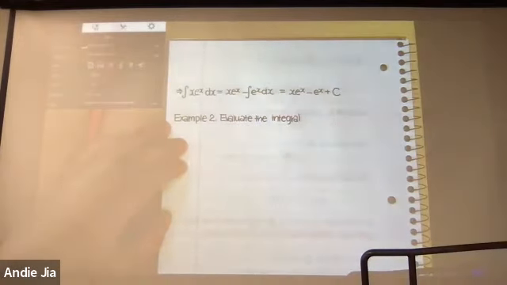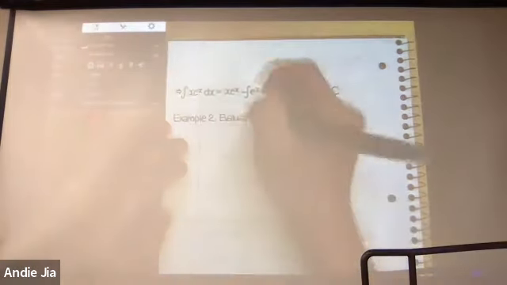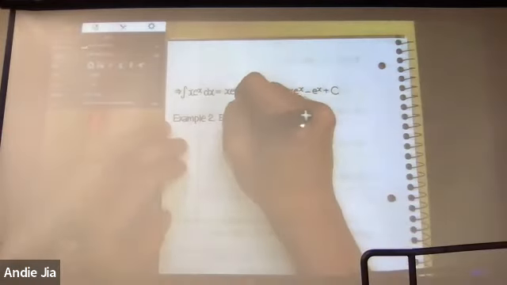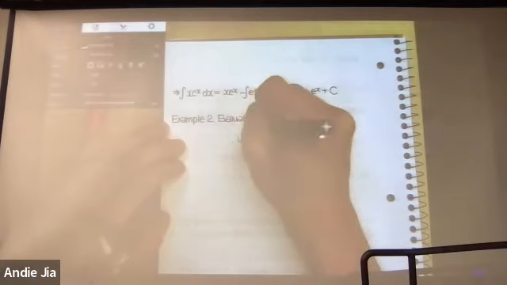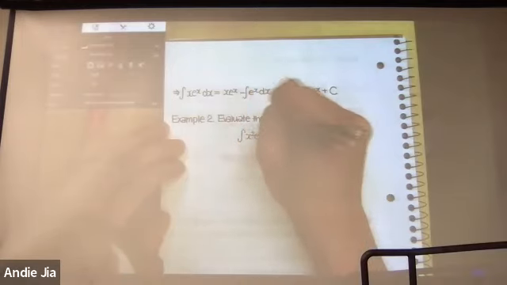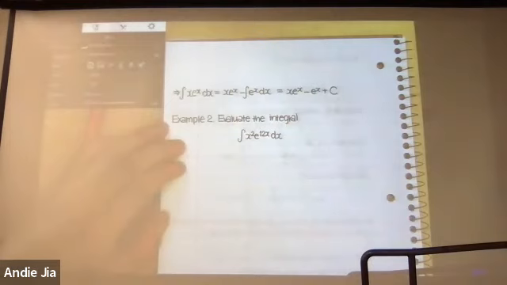This time, yep, it is this one, x squared e to the 12x.